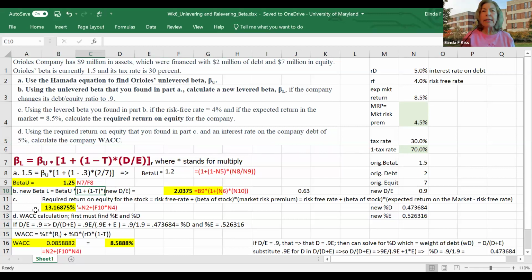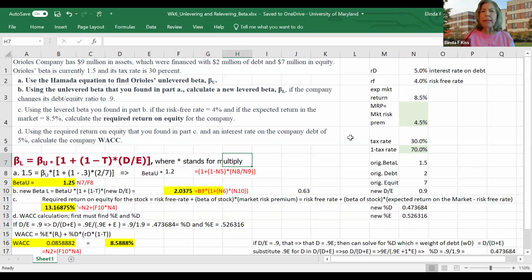To calculate the WACC, weighted average cost of capital, we need the new cost of debt, which is given in cell N1 as 5%. We also need the corporate tax rate, which is 30% in cell N5. And we need the percent debt and the percent equity in our financing.